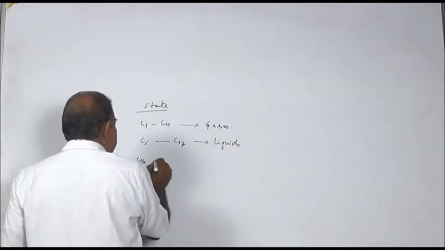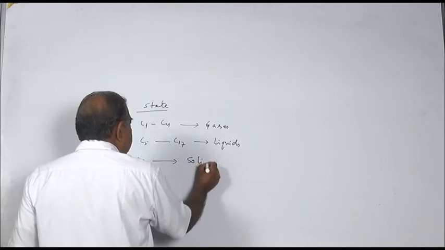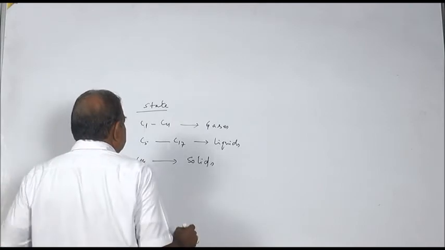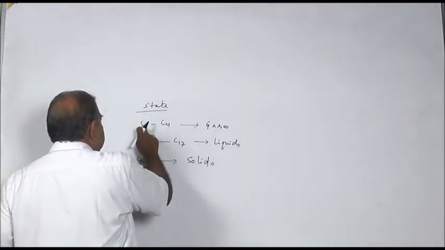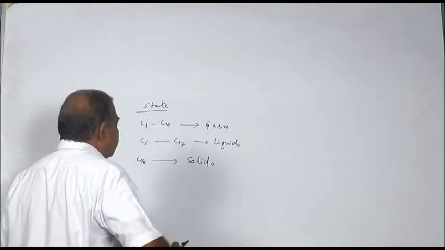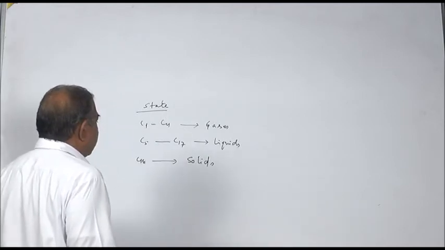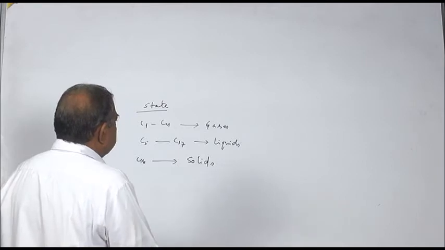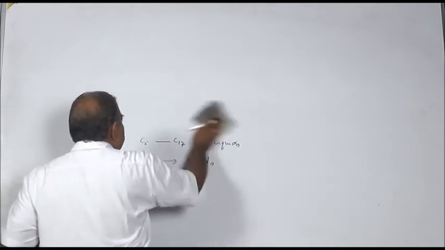And carbon atom 18 onwards remain in the solid state. So saturated gaseous hydrocarbons are carbon atoms 1 to 4, liquids are carbon atoms 5 to 17, and solids are carbon atom 18 onward.